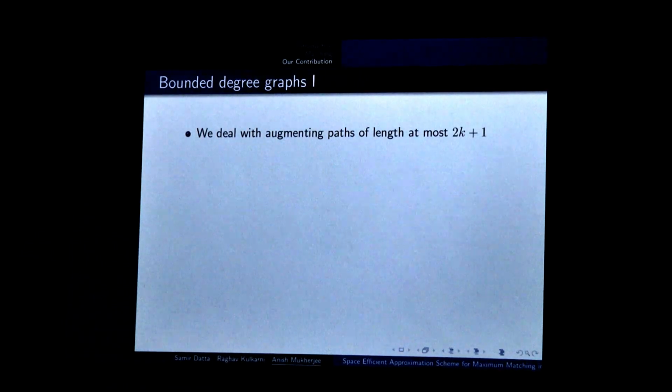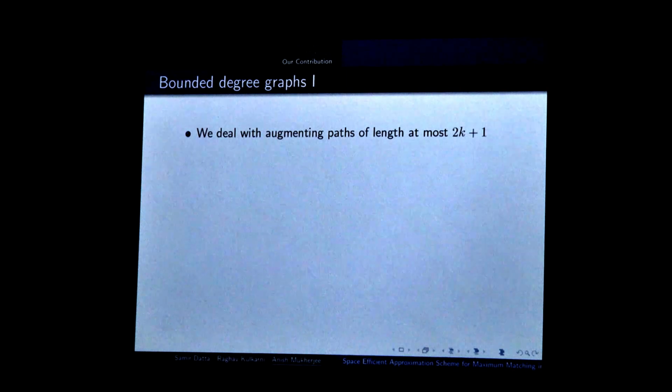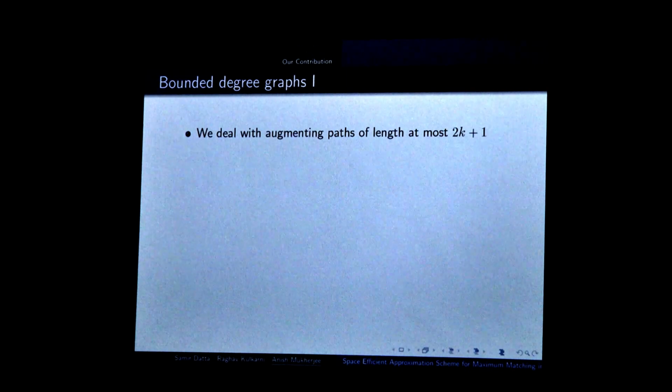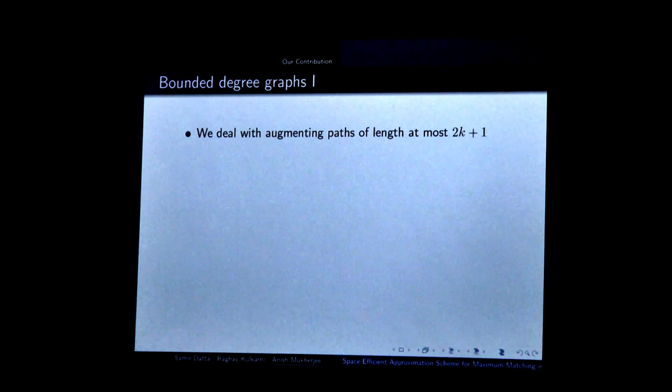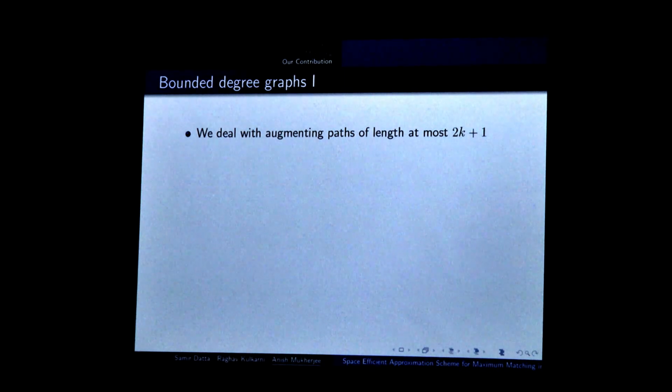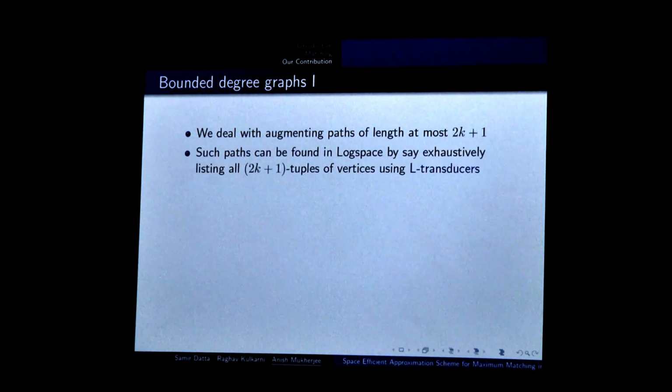So let's see how the bounded degree case goes through. As you mentioned, we are only considering augmenting paths of short length, some 2k plus 1, for fixed k, and we can exhaustively list all possible augmenting paths of length 2k plus 1 using Logspace transducers.